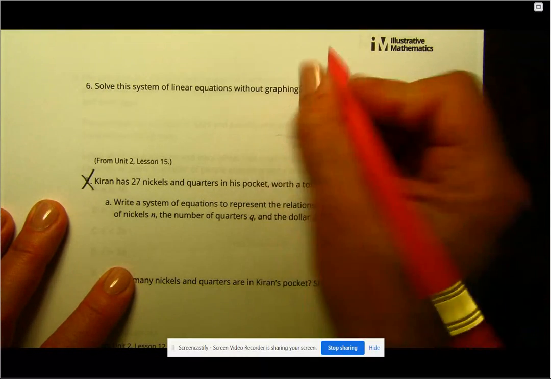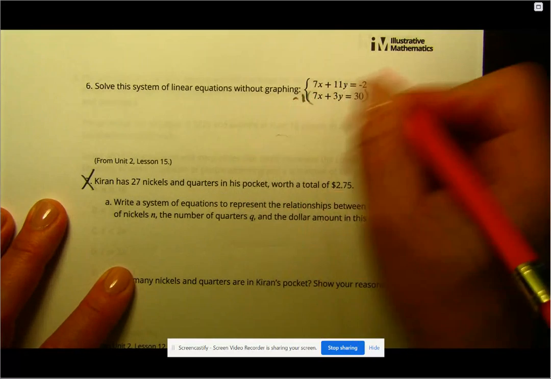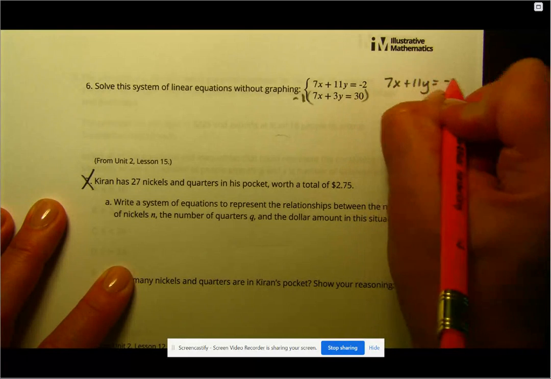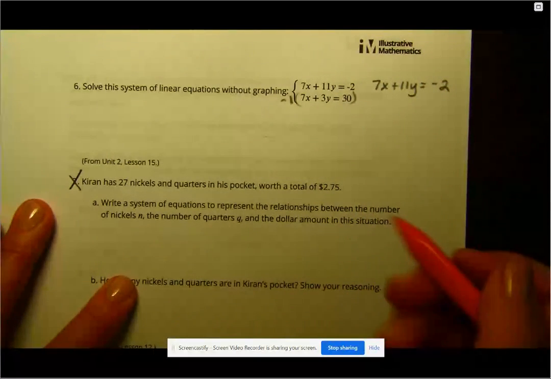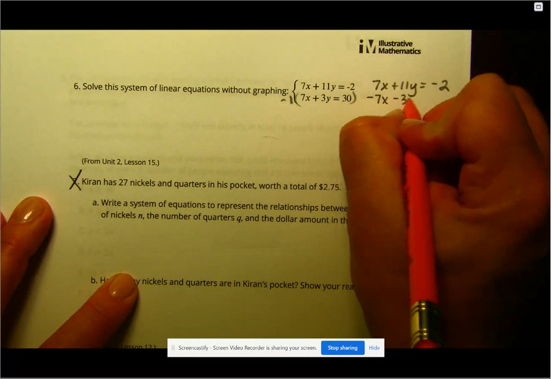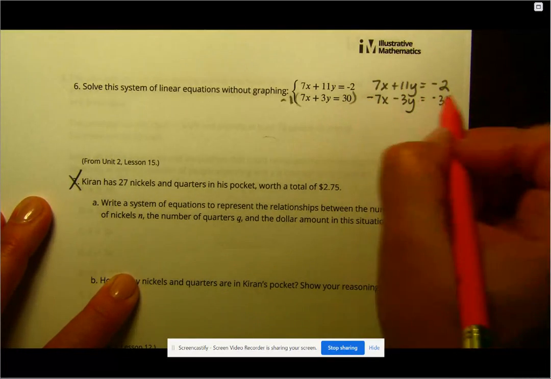So I'm multiplying this by -1. The top is not changing at all. In the second equation, everything is turning opposite of what it was. Even the positive 30 at the end is turning to a negative 30.